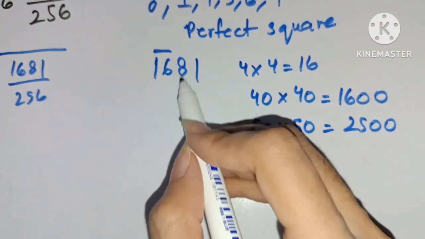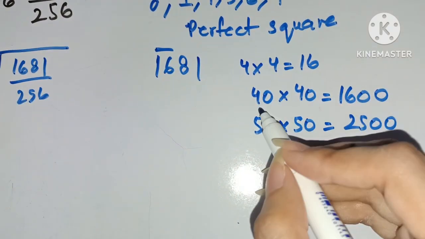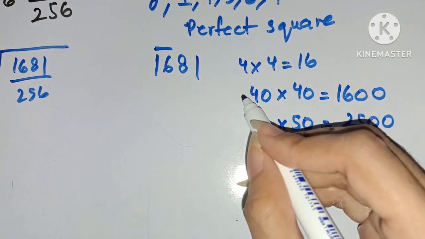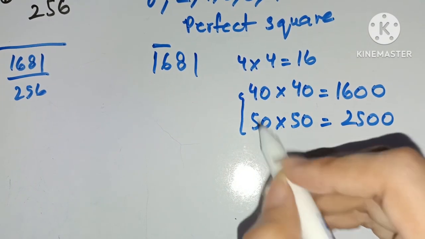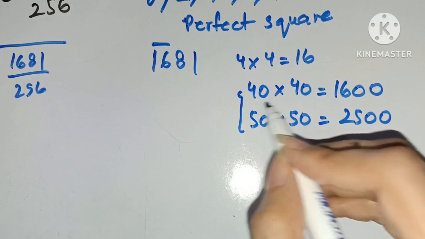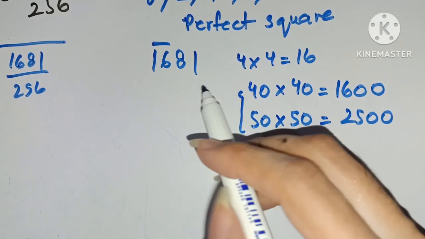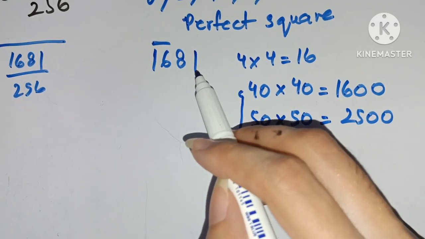We want 1681, so we can choose a number in the range of 40 to 50. We can multiply the numbers from 40 till 50 twice and see in which we get 1681.